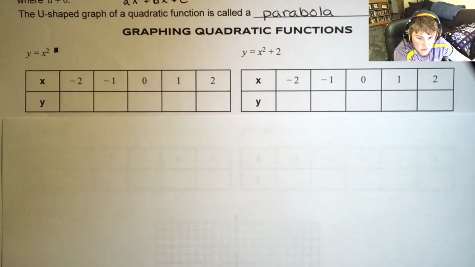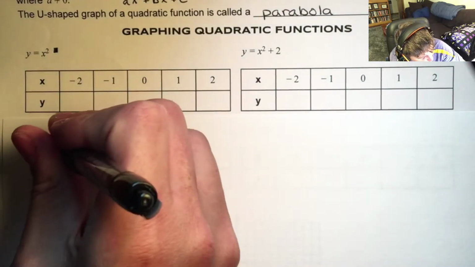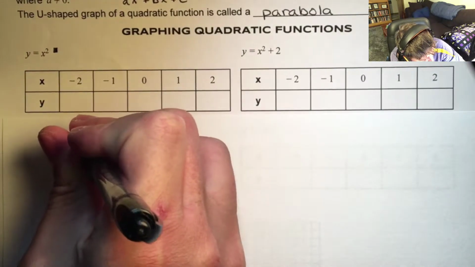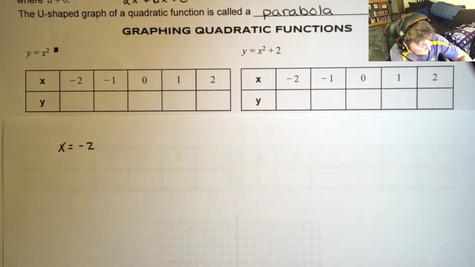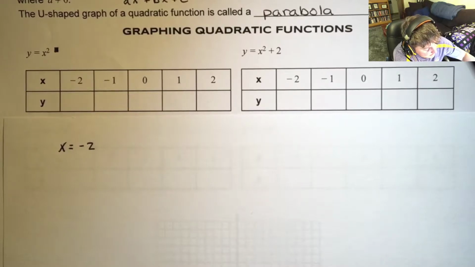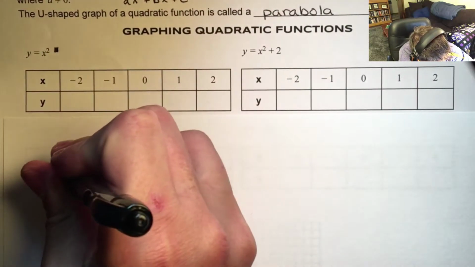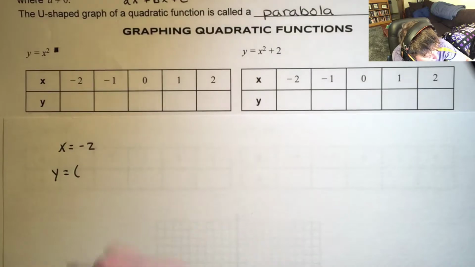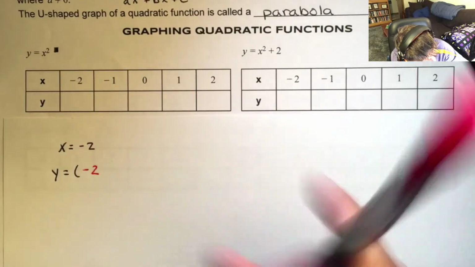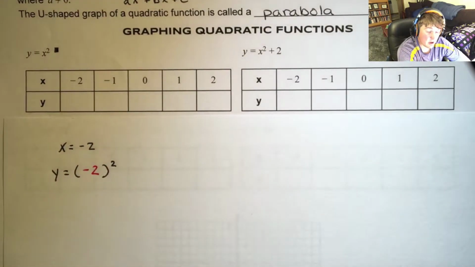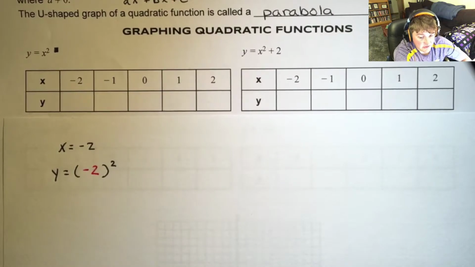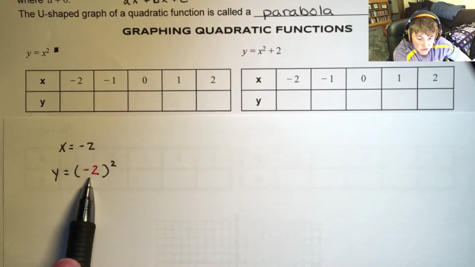Okay, so here we have y = x^2, and we want to start when x is equal to negative 2, just because that's that first one I want to fill out. So that means my y value is equal to my x value, negative 2, squared. Okay, and so then it's going to be helpful to remind everybody, what does it mean to square a number? It means to multiply it by itself. So this here is negative 2 times negative 2.